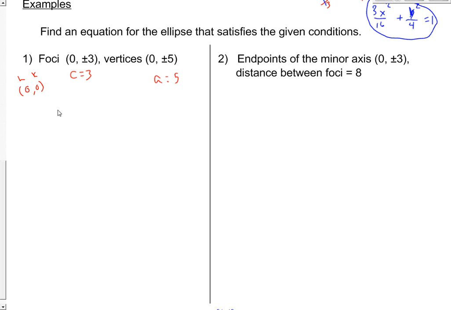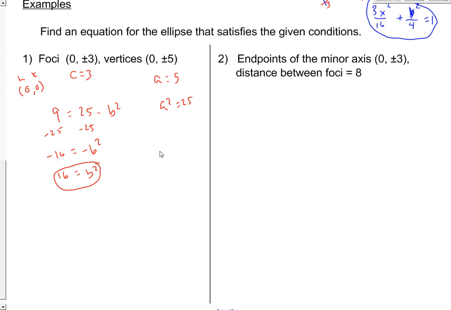So c squared, 9, equals a squared, 25, minus b squared. I solve this. I subtract 25. That is -16 equals negative b squared, which means 16 is equal to b squared. And a squared is going to be 25.